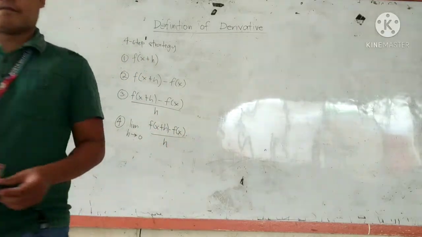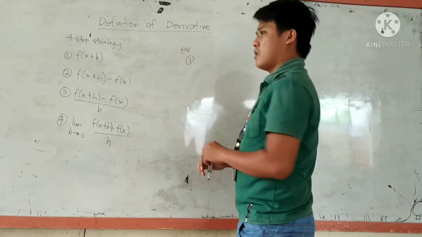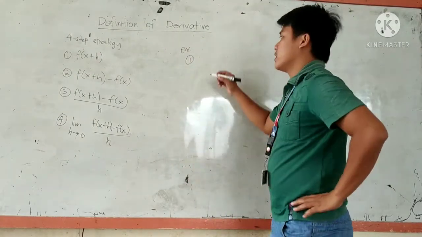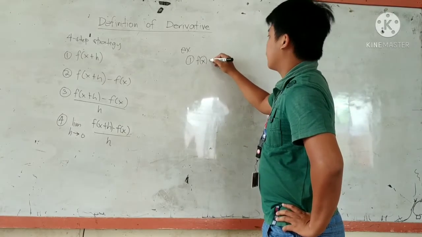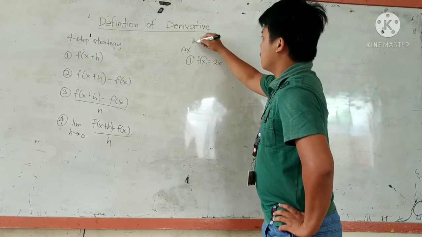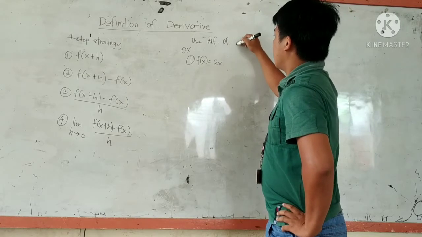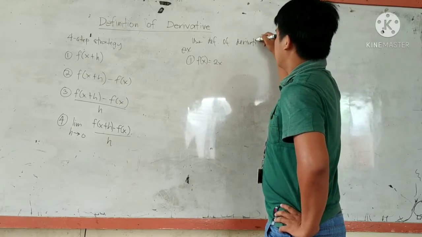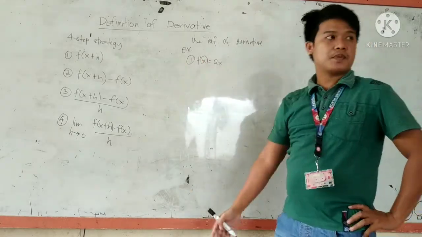Okay. For the first example, we have: use the definition of derivative to find the derivative of f of x equals 2x. For this one, we are just going to follow these four steps.